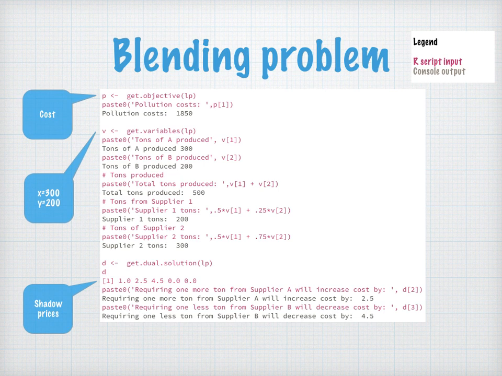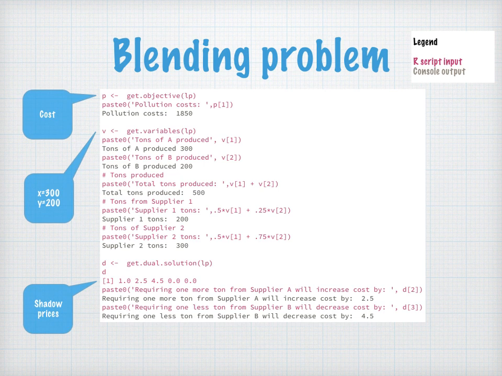The final part of the solution that is interesting is called the dual solution, which provides some shadow prices. And we retrieve these, and you'll see that I've added a paste function to tell us something about these shadow prices. First of all, we ignore the first variable, the 1.0, and look at the second two variables, the 2.5 and the 4.5.